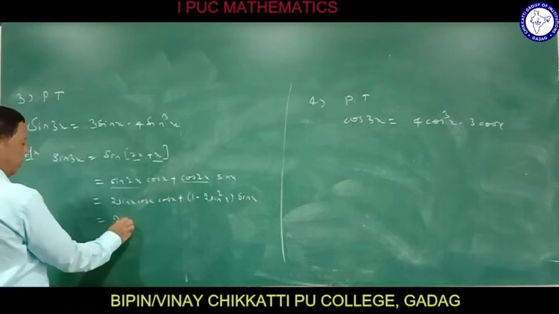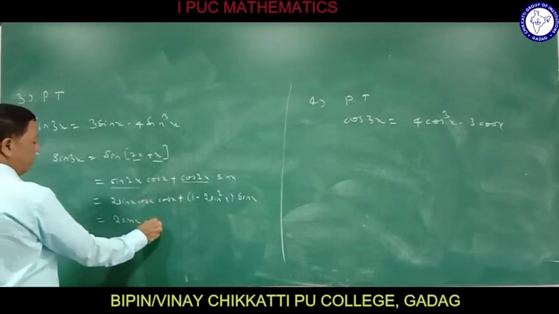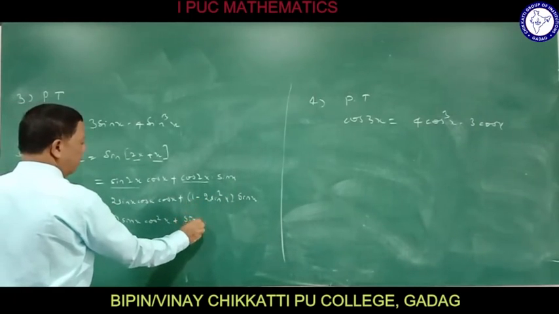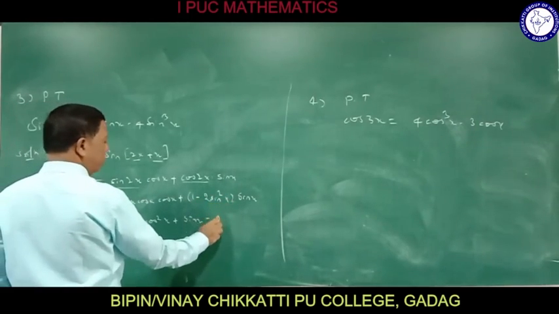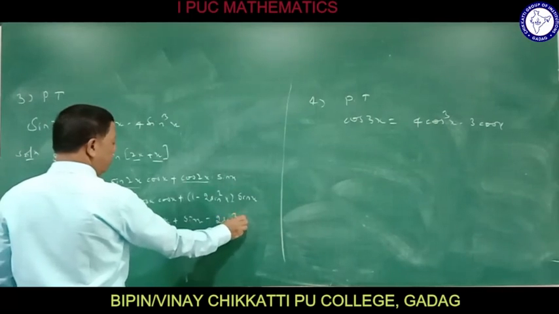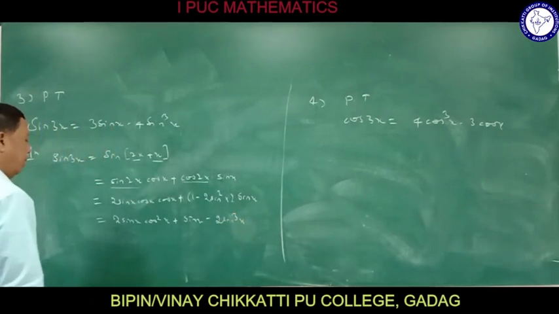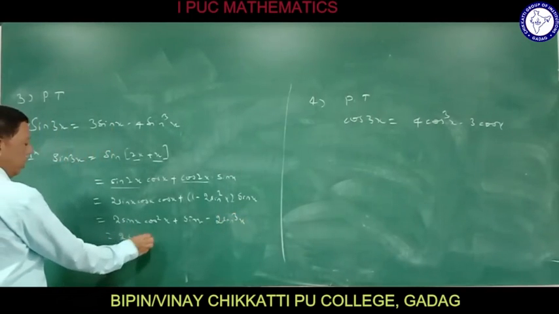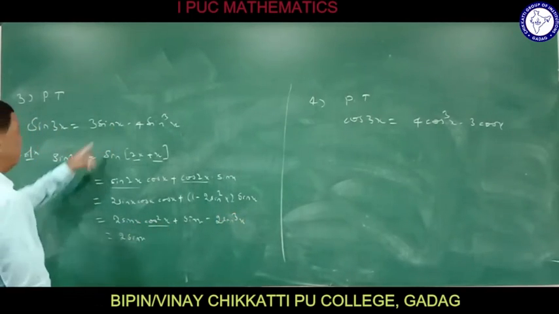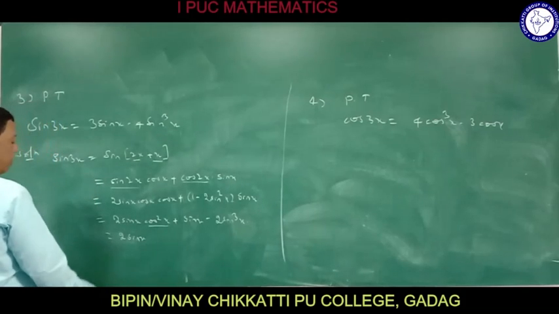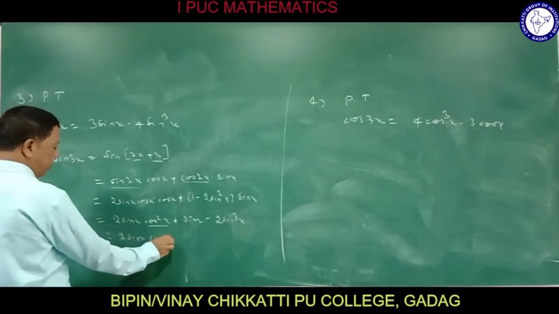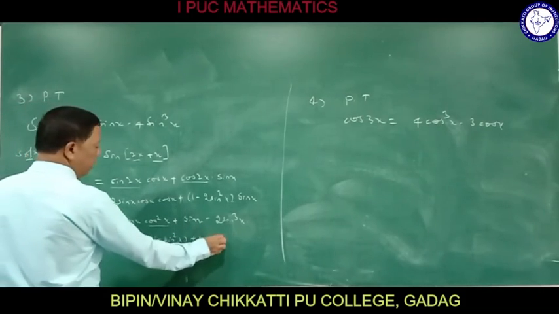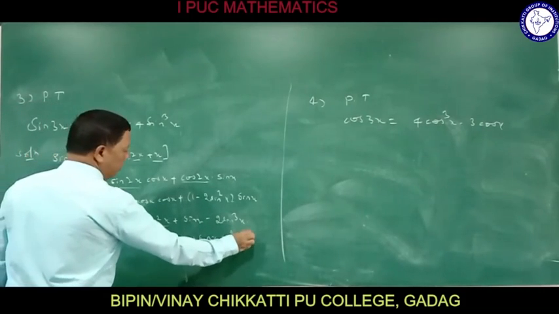So 2 sin x cos square x, and here sin x into 1 is sin x, and minus 2 sin cube x. And here once again you write 2 sin x, and cos square has to be changed because we want no cos. The cos square formula is 1 minus sin square x, plus sin x and minus 2 sin cube x.